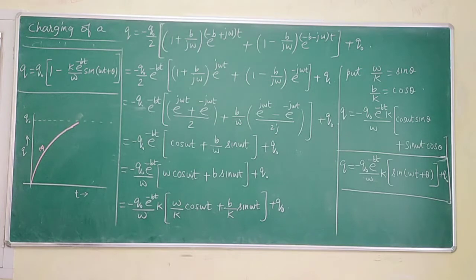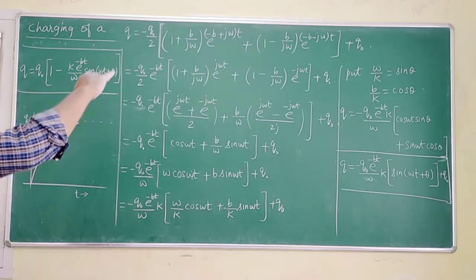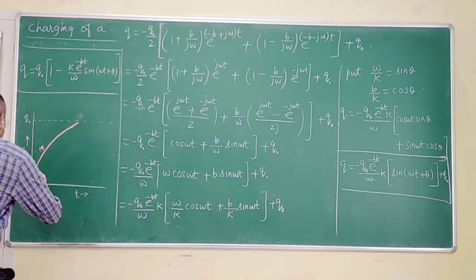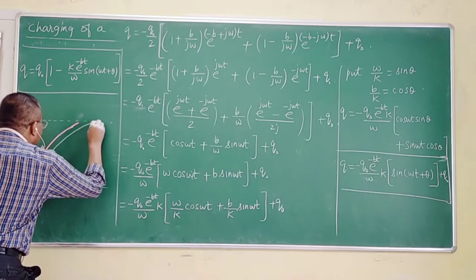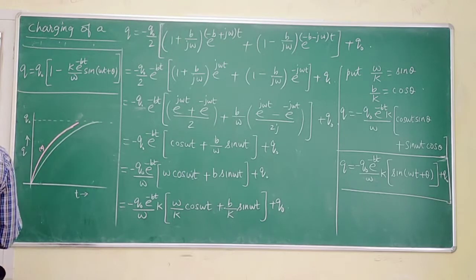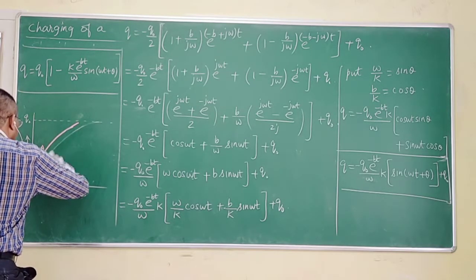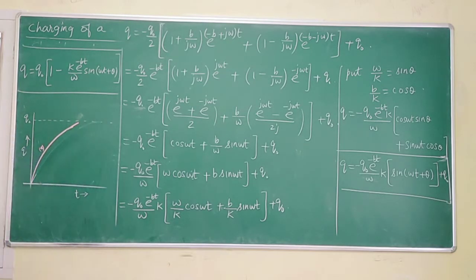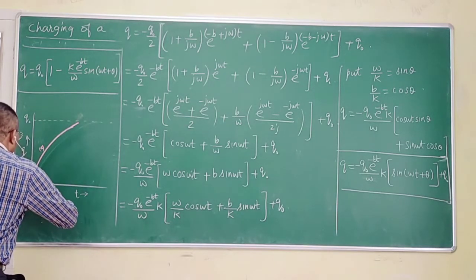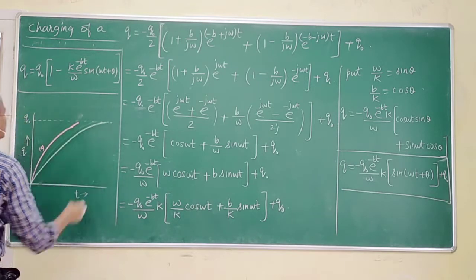Then I said, the charge is dead beat. It rises slowly. It is neither oscillatory. It rises slowly and reaches a maximum. It will be something like this.